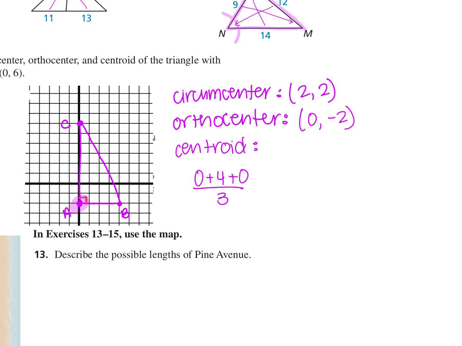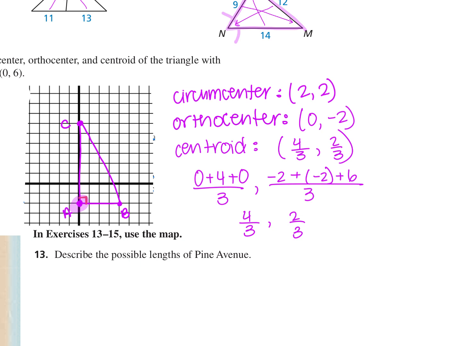It's just going to give me 4 over 3. And then I'm going to have -2 plus -2 plus 6 over 3. That's going to give me 2 over 3. You can keep it as a fraction. So my centroid is 4 over 3, 2 over 3, and that would be my answer.